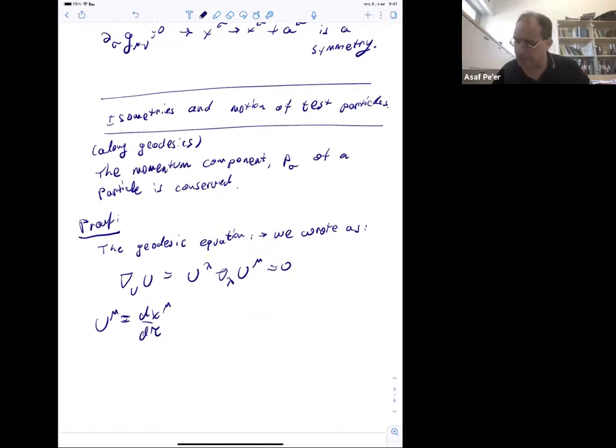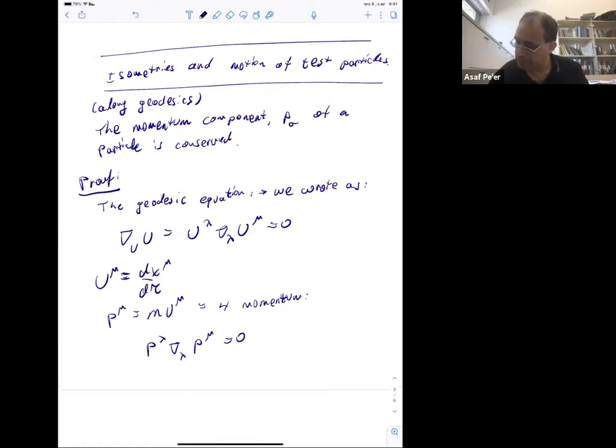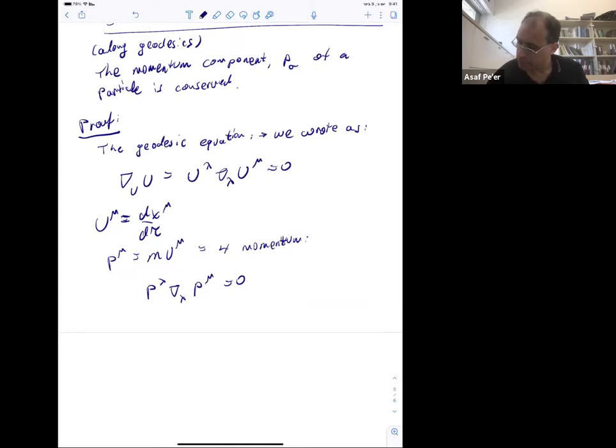We can multiply by m, so we have p mu, just m u mu, for momentum. So we have p lambda nabla lambda p mu equal to 0. Momentum, so we just multiply by m.